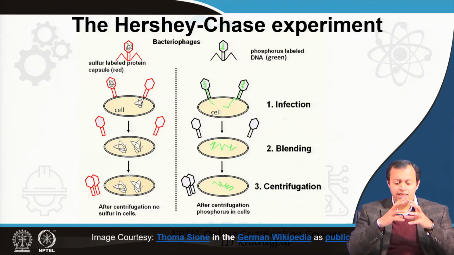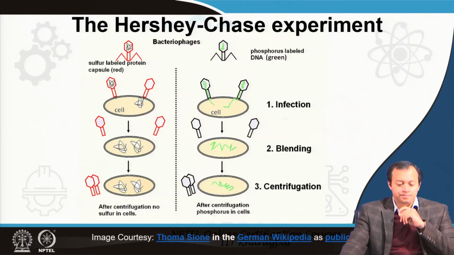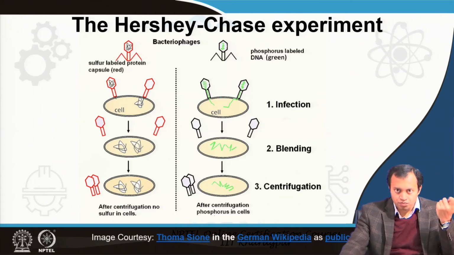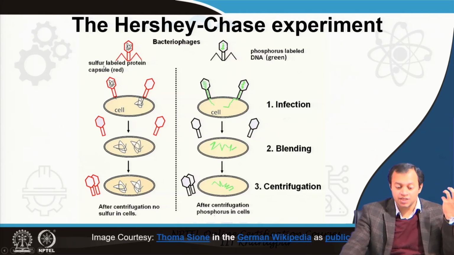As I said, the outer layer of a virus is the proteinous layer and the inner layer is the genetic material. So, they used radioisotopes to label different parts of the same virus. They took one set of bacteriophages in which they used radioactive sulfur.